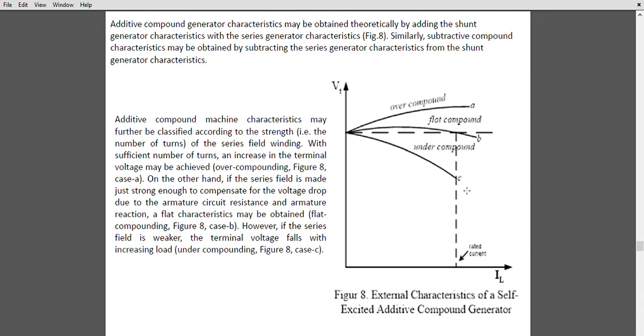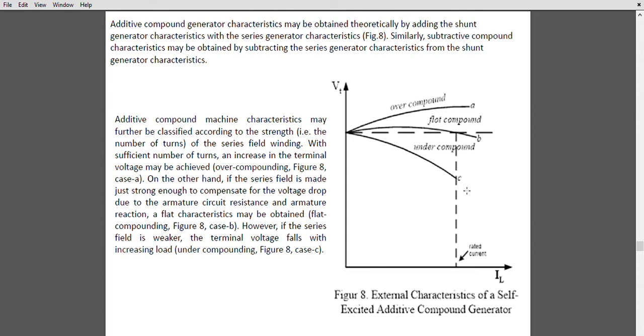The additive compound machine characteristics may further be classified according to the strength. This additive compounding relies on the field strength, that is, it is quite dependent on the series field strength.